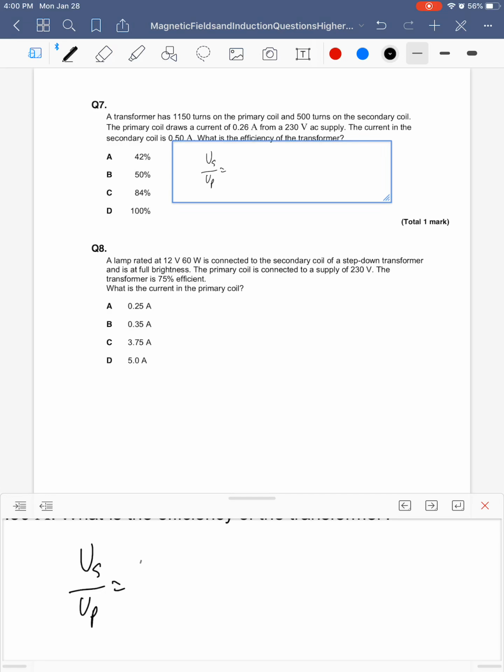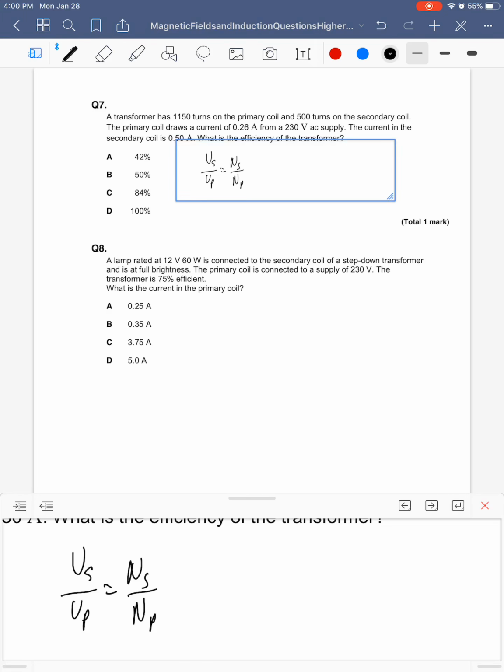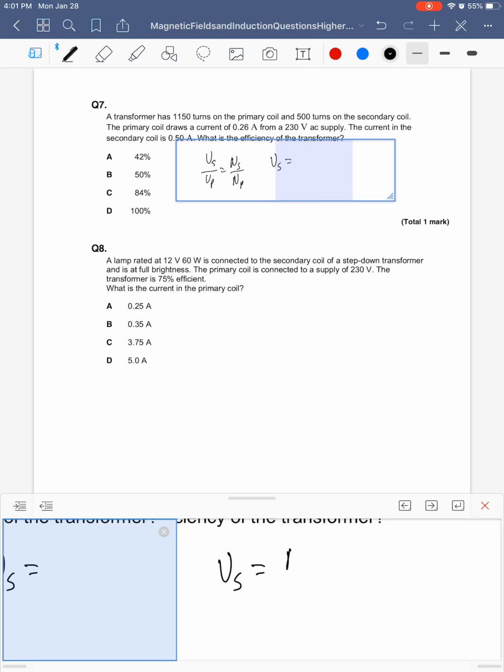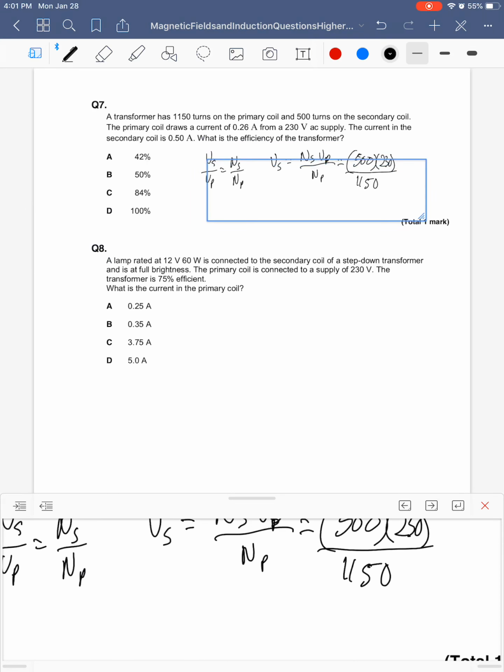Vs over Vp is Ns over Np, which means Vs is equal to Ns times Vp divided by Np. Make sure to get it the right way around. 500 times 230 divided by 1150.